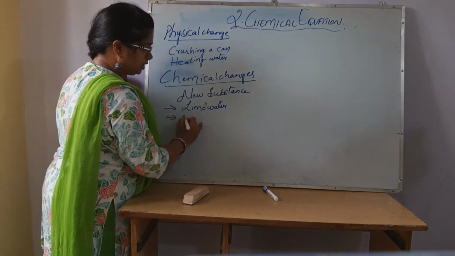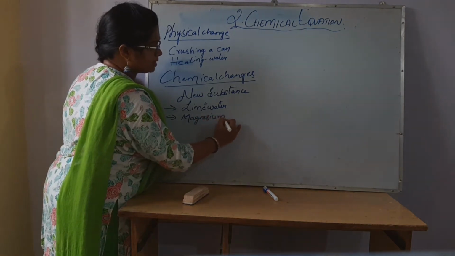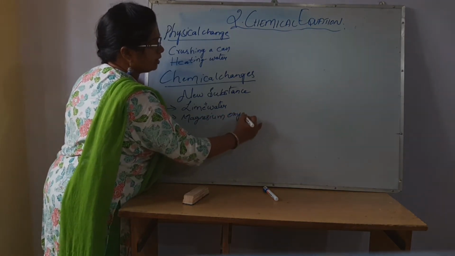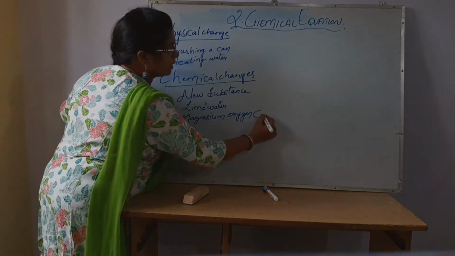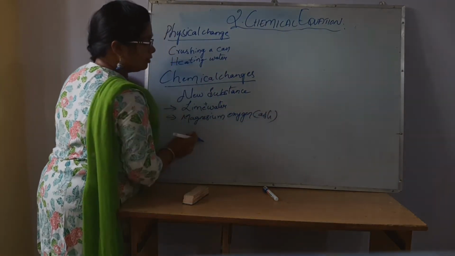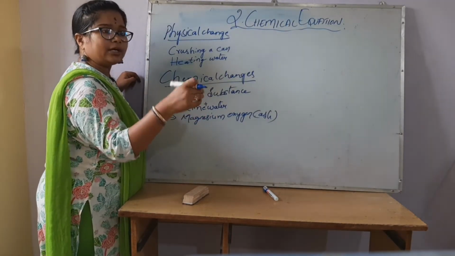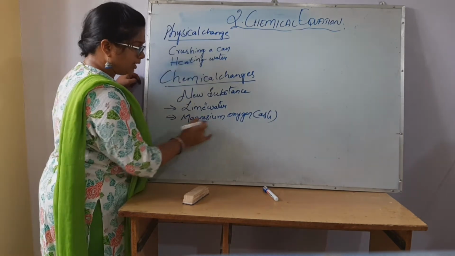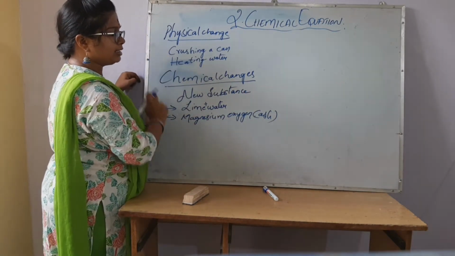Like a magnesium ribbon, when you burn it in the presence of oxygen, an ash, magnesium oxide, is formed, which is different from magnesium ribbon. It does not look like it. It gives us a different product. So these are all chemical changes and physical changes.